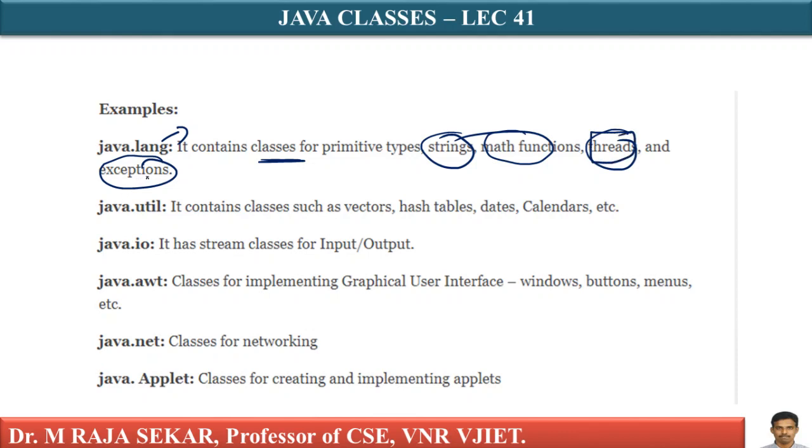For the time being, understand that all the classes related to mathematical functions, string functions, threads, and exceptions are stored in this java.lang package. As I told you, Java is the super package, lang is the sub package.